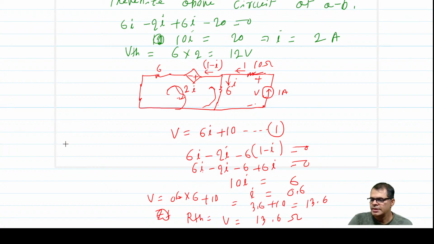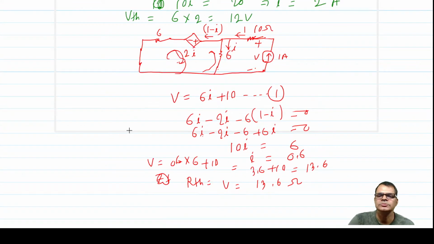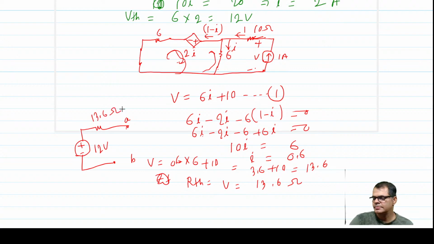So you can draw the equivalent circuit with the application of Thevenin's theorem. So above circuit can be reduced at the point A B as like this. The voltage source was the 12 volt and this is your 13.6 ohm. Very simple and very easily we could find.